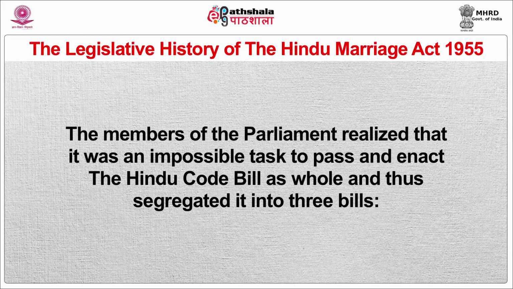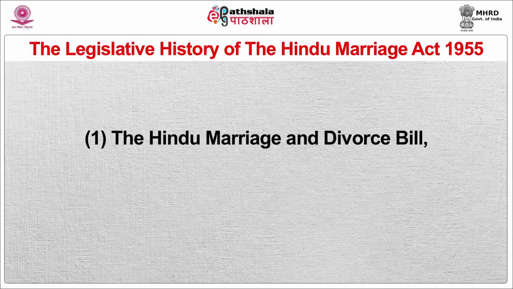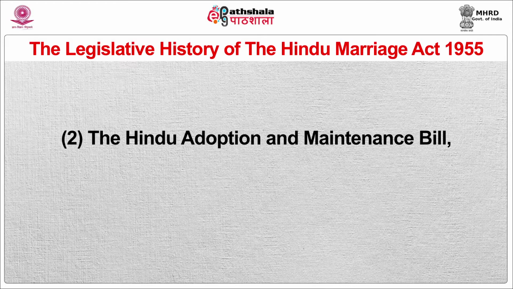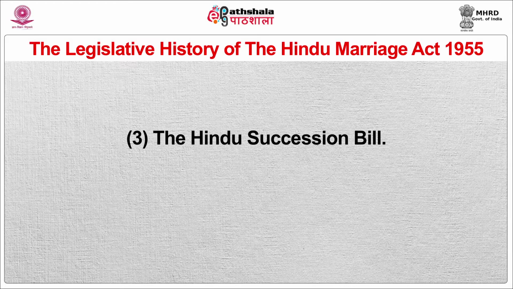The members of the Parliament realised that it was an impossible task to pass and enact the Hindu Code Bill all at the same time as an entire document, and thus decided to segregate it into 3 different bills. The first was the Hindu Marriage and Divorce Bill, the second was the Hindu Adoption and Maintenance Bill, and the third was the Hindu Succession Bill. The Hindu Code Bill was finally enacted in 1955.